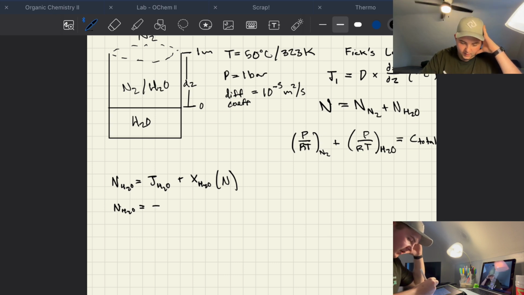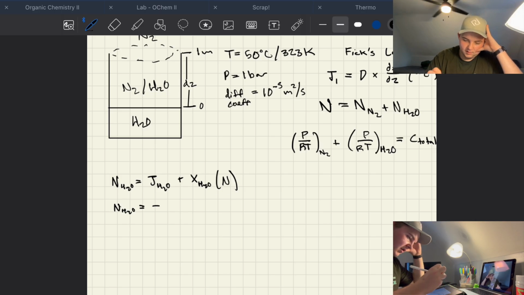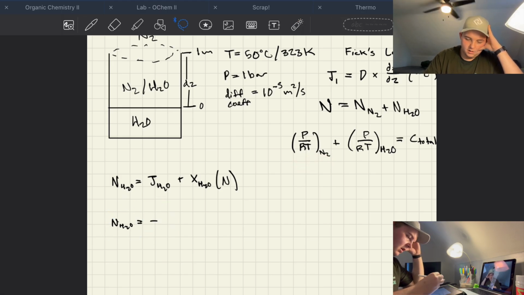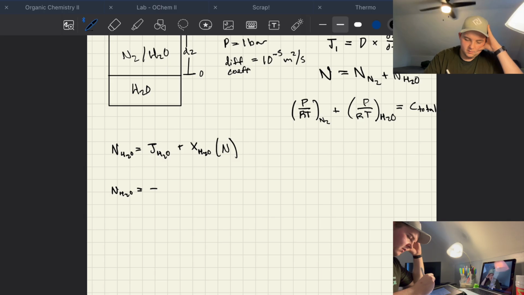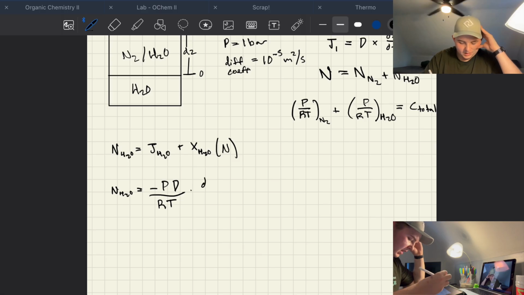So we'll do the C first. C is negative, so negative P, times D, and then we use the rest of our RT, and then we multiply by the gradient, which is dxH2O over dz.